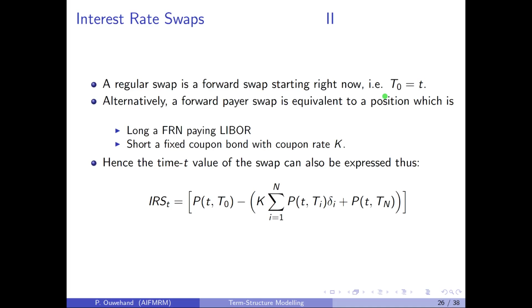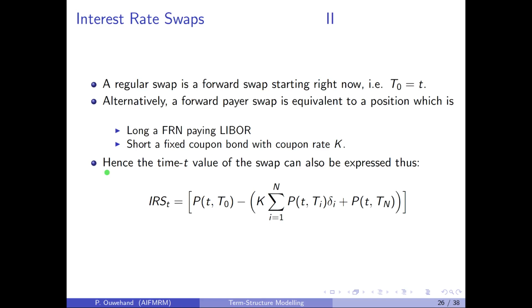Now we've seen that we can regard a forward payer swap as a portfolio of forward rate agreements, all with a common contract rate of K. Equivalently, we can regard a forward payer swap as a portfolio consisting of long a floating rate note, which pays LIBOR, and short a fixed coupon bond with coupon rate equal to K. Recall that the holder of a payer swap is required to pay a rate K, similar to the payment on a coupon bond, and will receive a floating rate, LIBOR, which is equivalent to the payment made by a floating rate note.